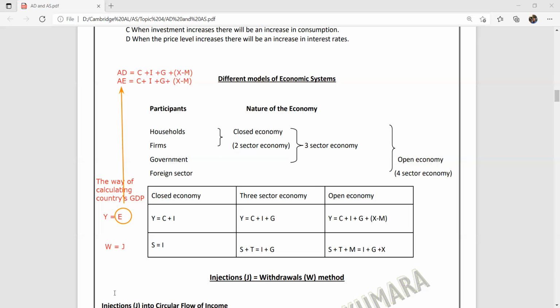Saving is a withdrawal in the closed economy. Injection, J: investment is an injection in a closed economy. Why is that? We save money in a bank or financial institutions.